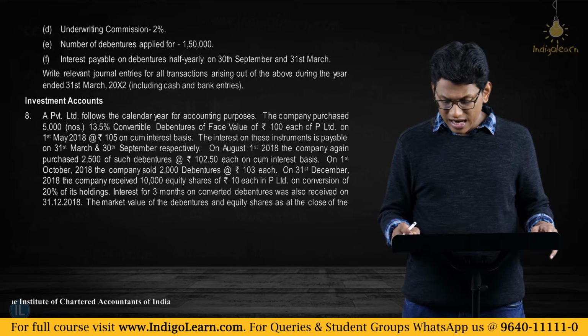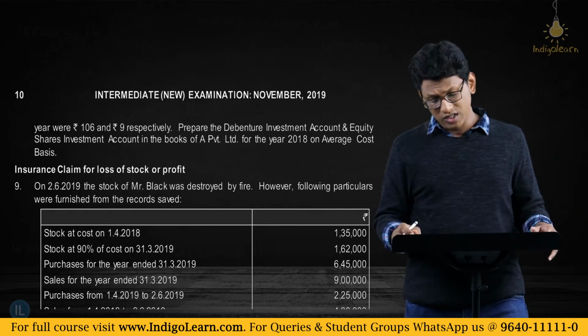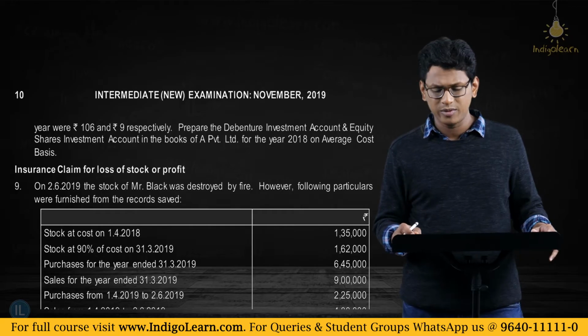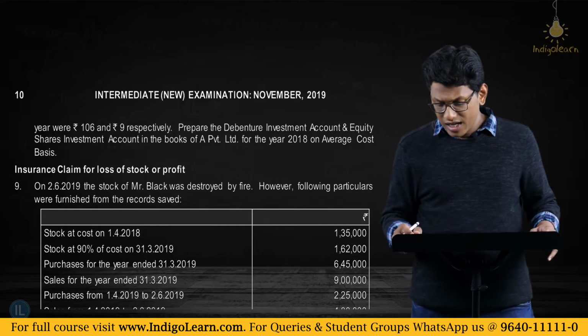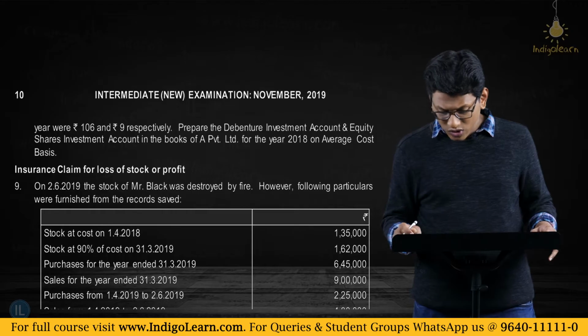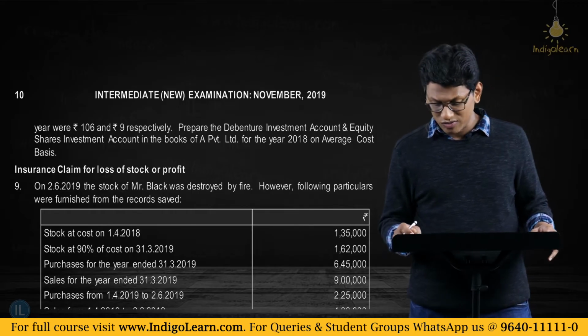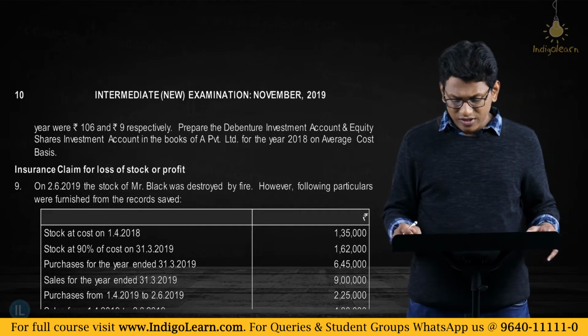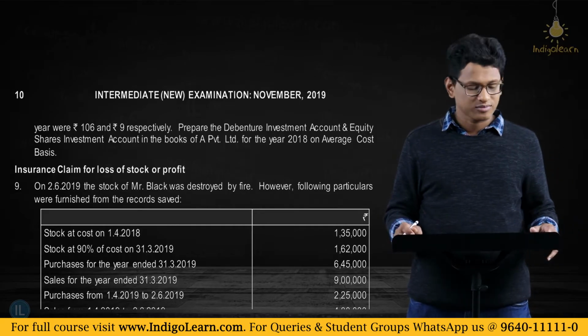Market value of the debentures and equity shares as at the close of the year were 106 and rupees 9 respectively. Debentures 106, shares 9. Prepare debenture investment account and equity shares investment account in the books of P Limited for the year 2018 on average cost basis. Okay.